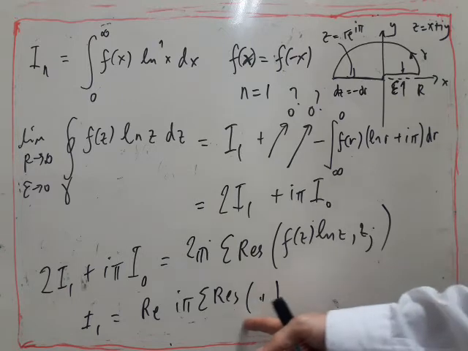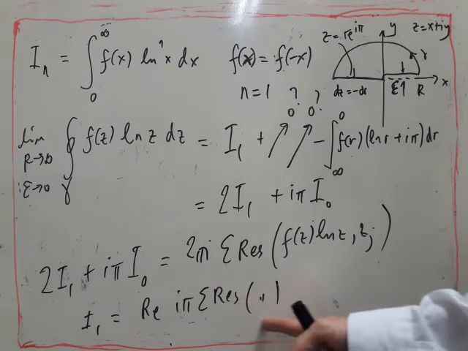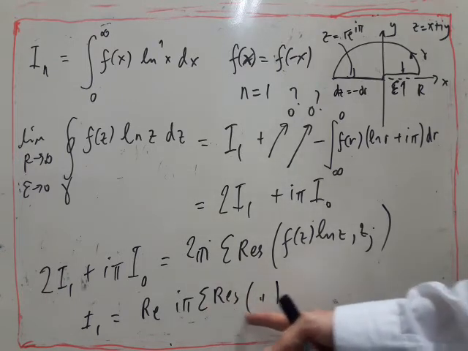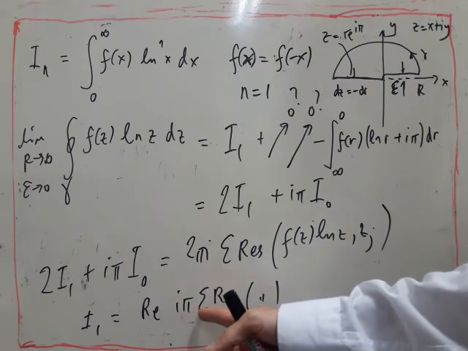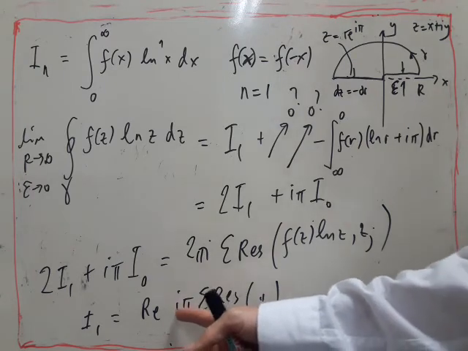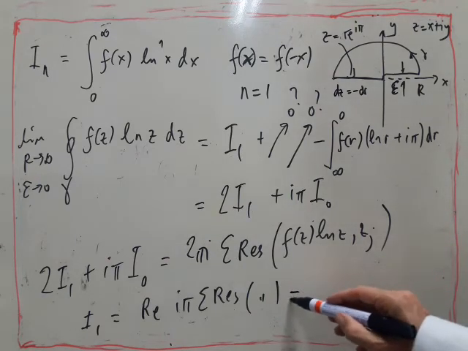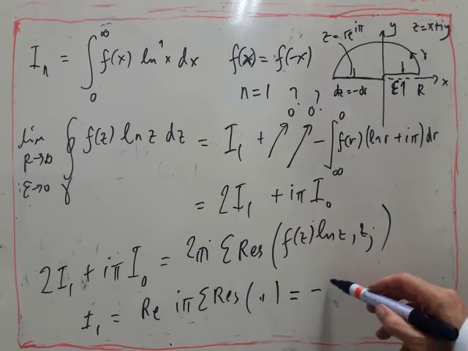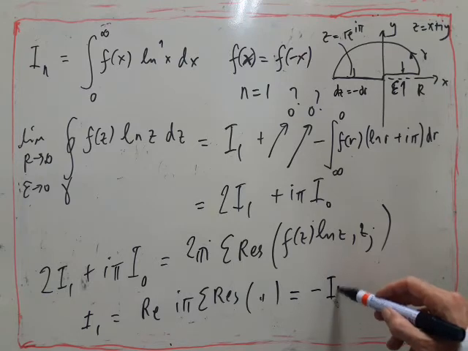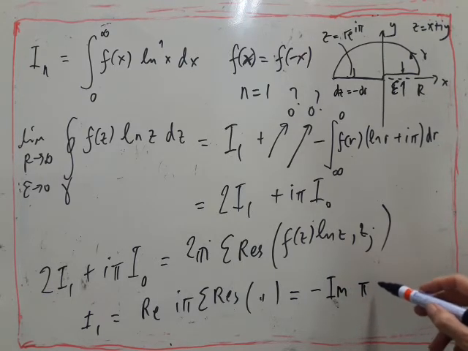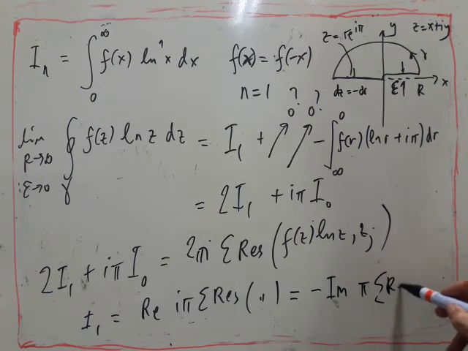When that's multiplied by i, i times the imaginary part times i gives you a minus sign. So you end up with, this is the same as minus the imaginary part of pi times the sum of the residues of this thing.